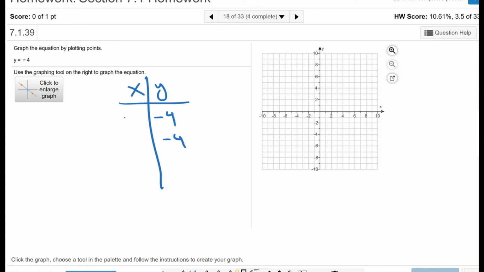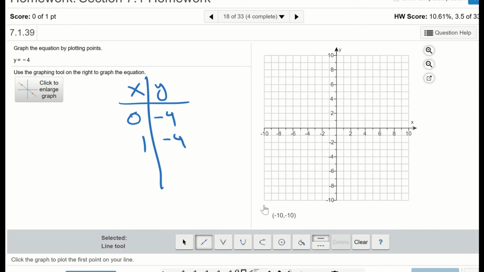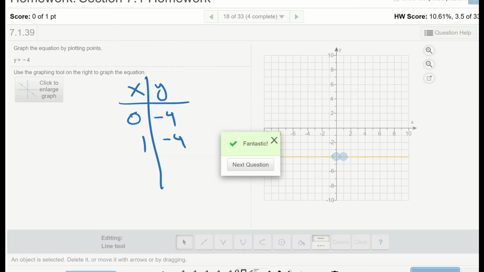So all you need is to match that with a couple of x values like 0 and 1, and you'll be able to graph it very quickly. So we'll just go 0, -4, and 1, -4, and that should do it for us. There's our line.